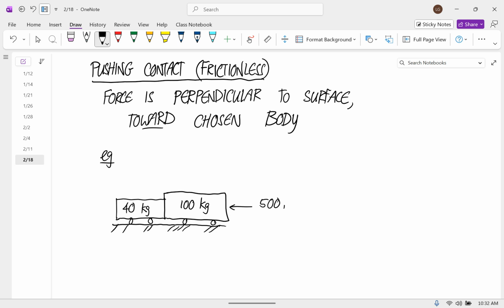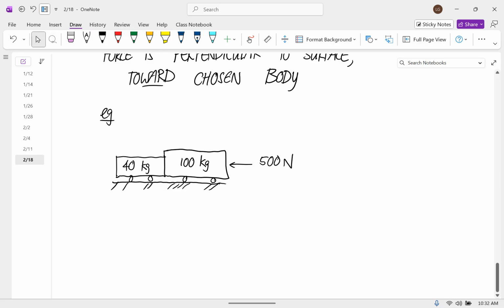And a 500 Newton force goes this way. Let's say we want to calculate first, what's the acceleration of the pair of carts?